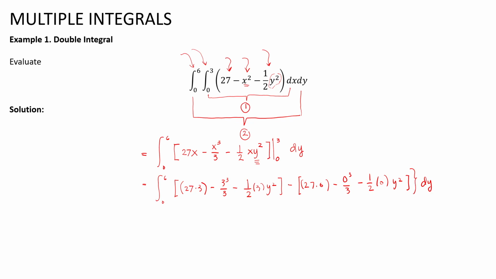Try to put as many brackets and braces as you can. So 0, 0, 0. What's left is the inside term here.